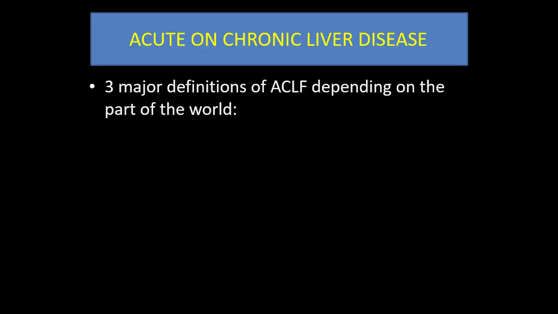Right. Now the CLD is over. Now we'll come to a few slides on acute on chronic liver failure. There are 3 major definitions of ACLF which have been given, and it depends on which part of the world you live in.